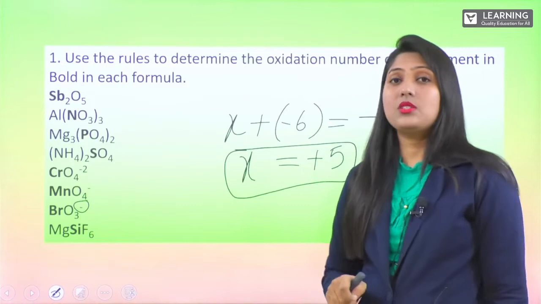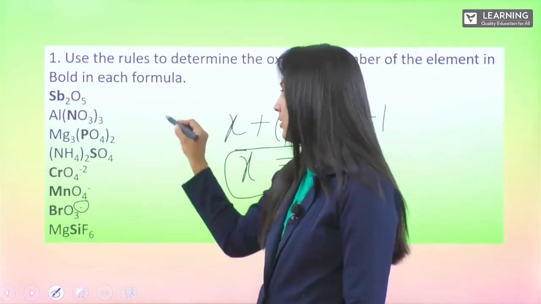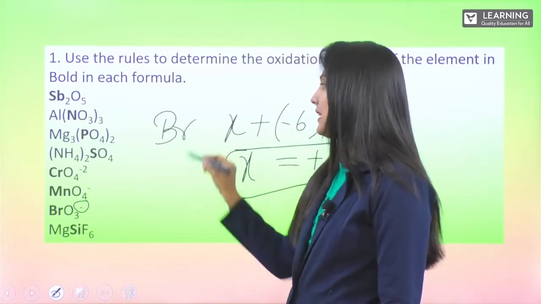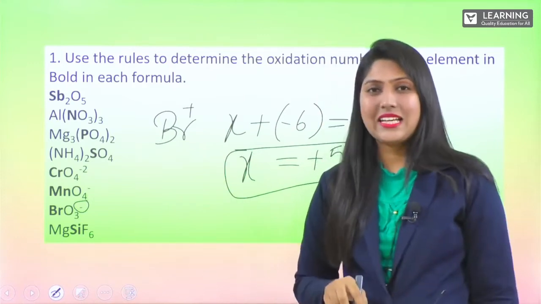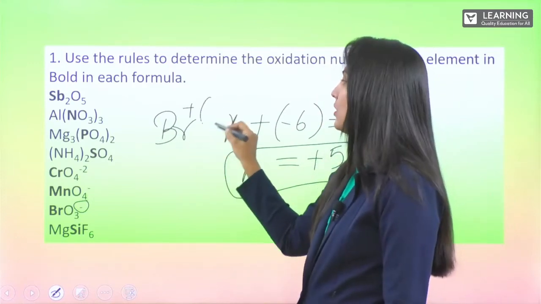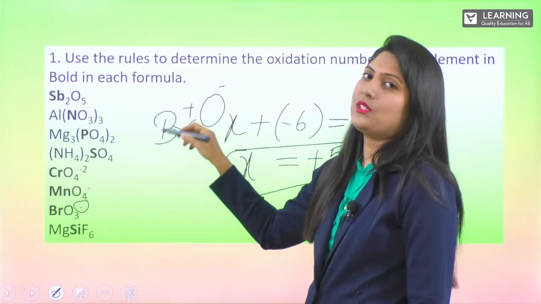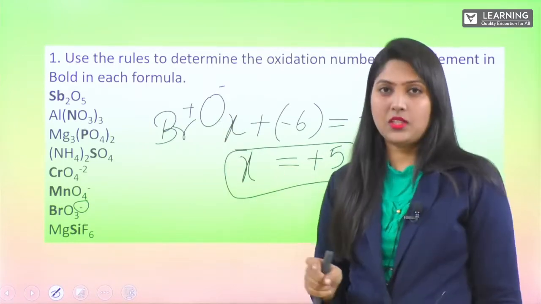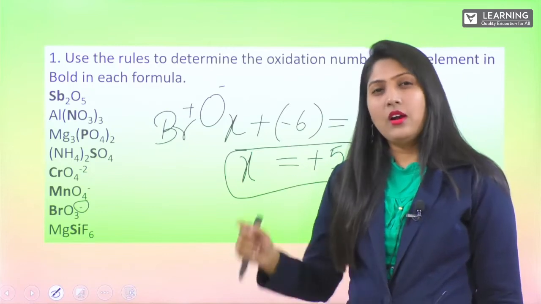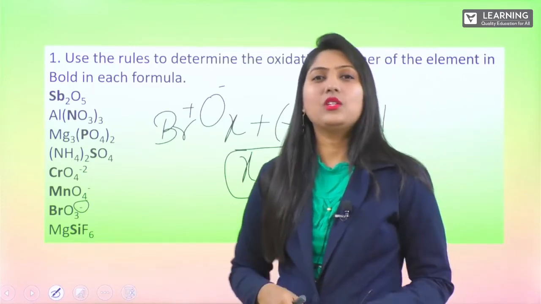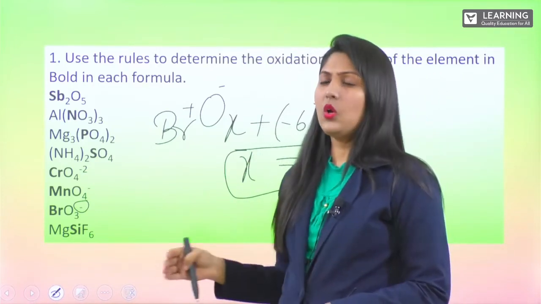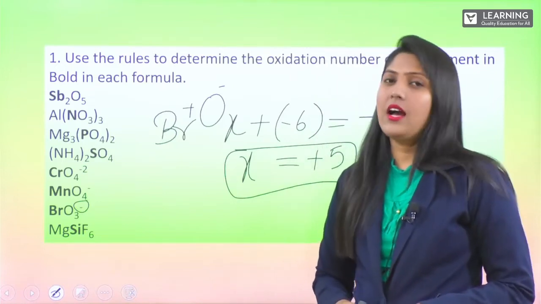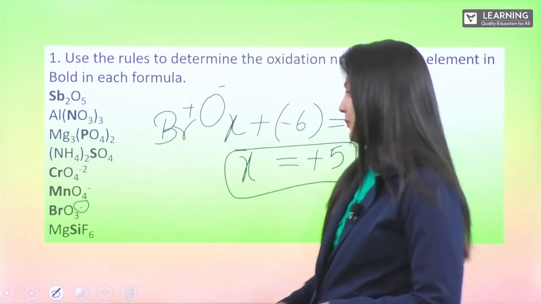You need to remember, students, even though bromine is a halogen, it is getting a plus state because it is reacting with oxygen, which is more electronegative than bromine. So to know this, the periodic table is very much important. Hence we have already done with the classification of periods or the properties of the elements. I hope you can understand this better.